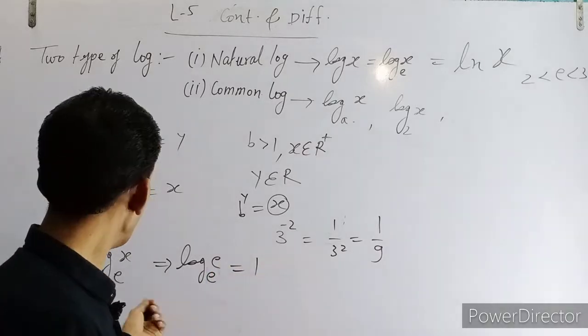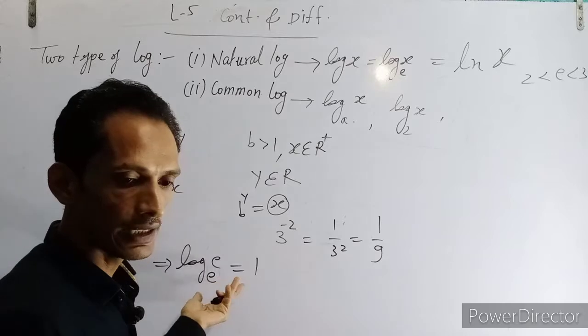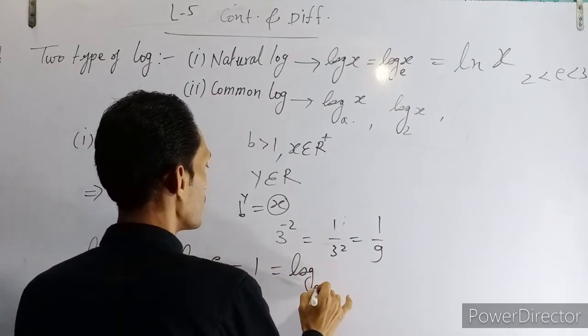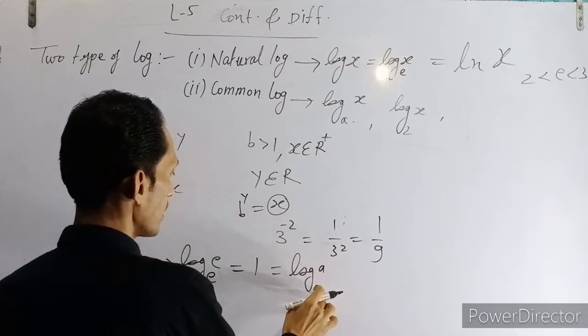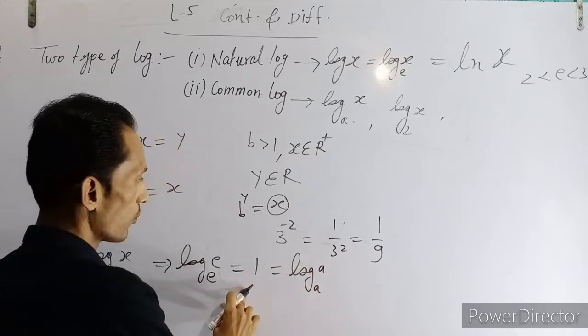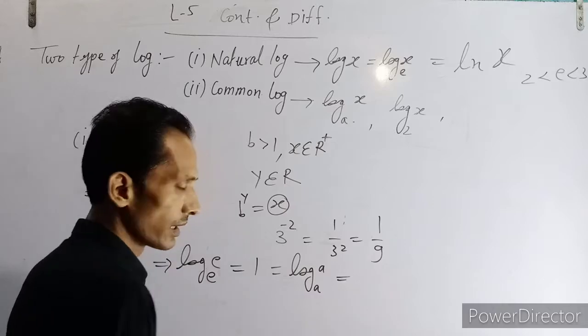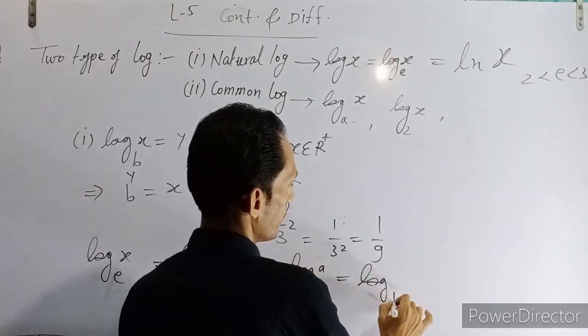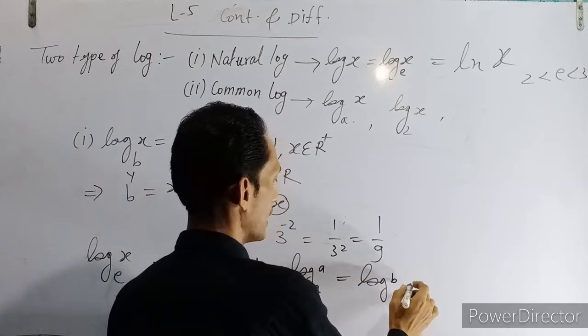For any natural log or common log, in any case, log base a of a, if these two values are the same, then the value of log is 1. Similarly, log of b with base b is also 1.